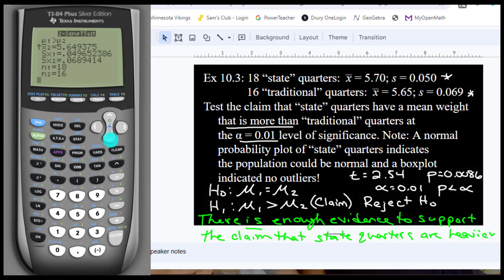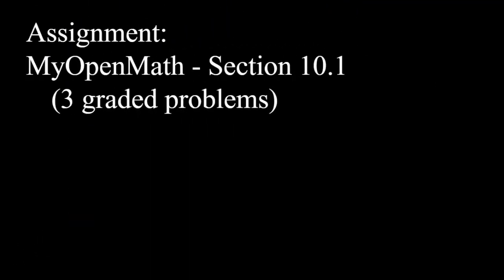And again, we're back up to here. So the claim is actually that the mean weight of state quarters is more than the mean weight of traditional quarters. So you're always looking at, is there enough evidence or is there not enough evidence to support that claim? So that is the end of section 10.1.